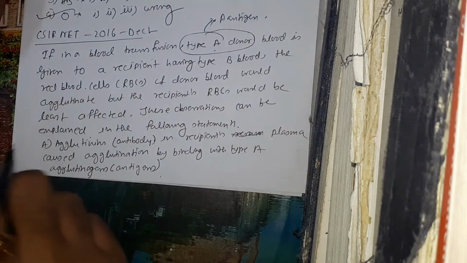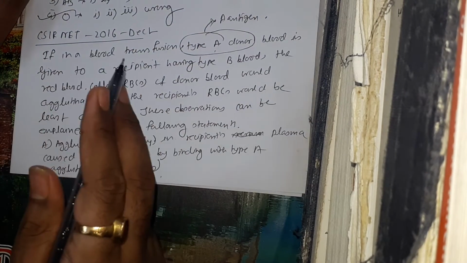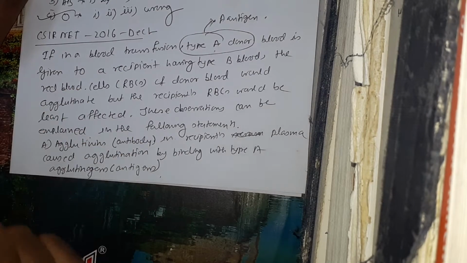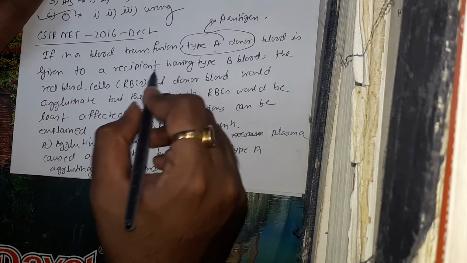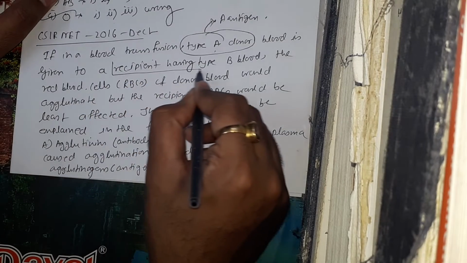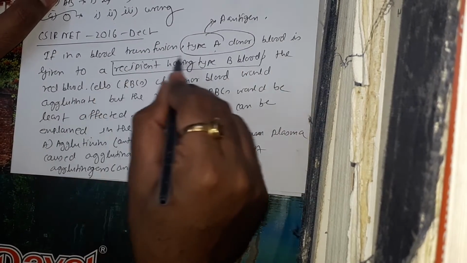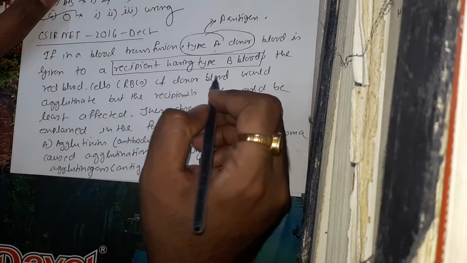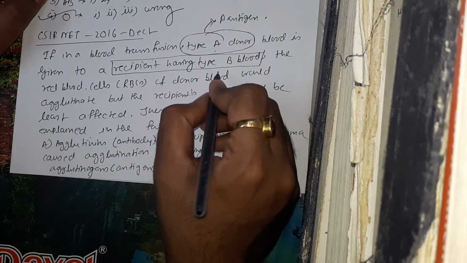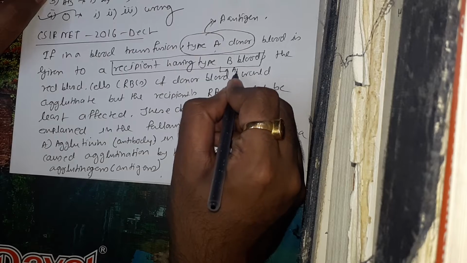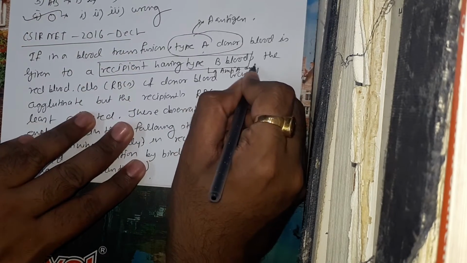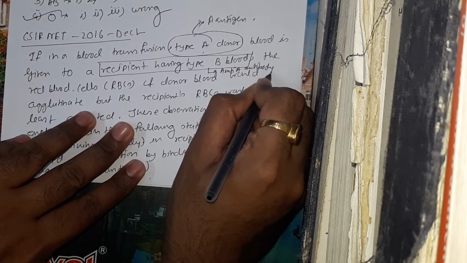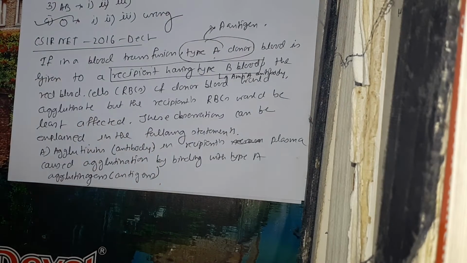As I previously told you, in the donor's case we need to bother about the antigen present. That particular individual is given to a recipient having type B blood. You also need to mark this: the B blood group individual is the recipient, so we need to talk about the anti-A antibody.